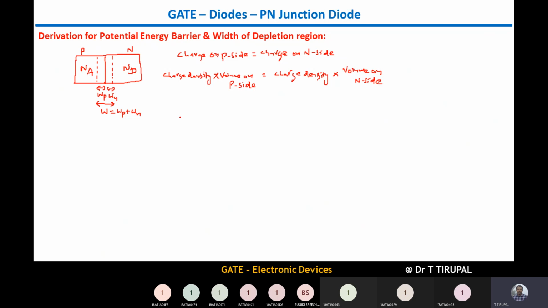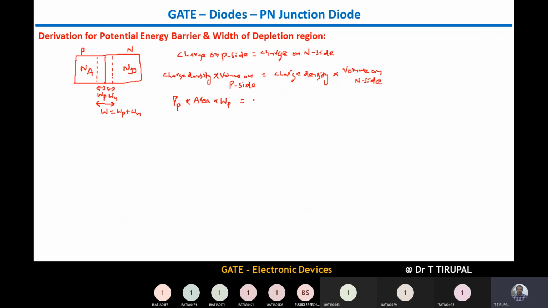What is charge density? It is given by rho P. And what is volume on P side? Volume is equal to area into width. Width on P side is Wp.